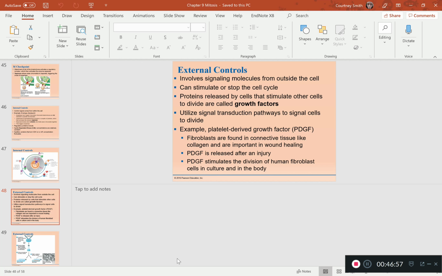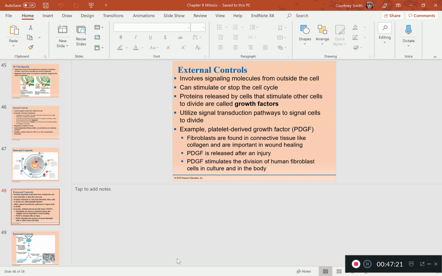This specifically is found in fibroblasts, and these are found in connective tissues such as collagen. Fibroblasts are extremely important in healing. You'll probably get more detail about fibroblasts if you take anatomy and physiology. But specifically, you will get an influx of PDGFs if you have an injury.